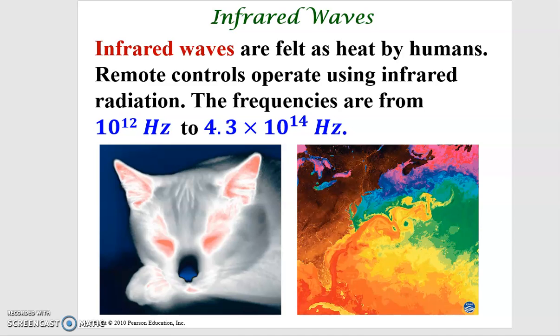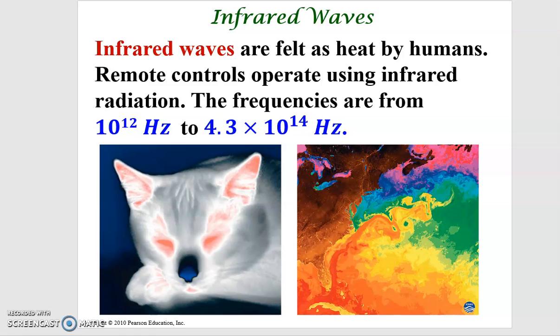People cannot see that, but people can feel that as heat. And it doesn't really hurt your skin, but when you get exposed to an environment with infrared waves, you will feel warmer. The frequency of the infrared is from 10 to the power of 12 to 10 to the power of 14 Hertz.